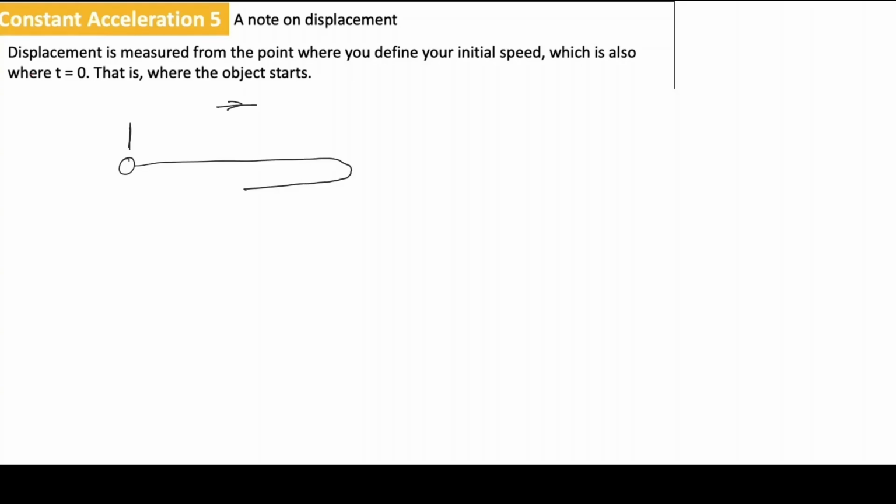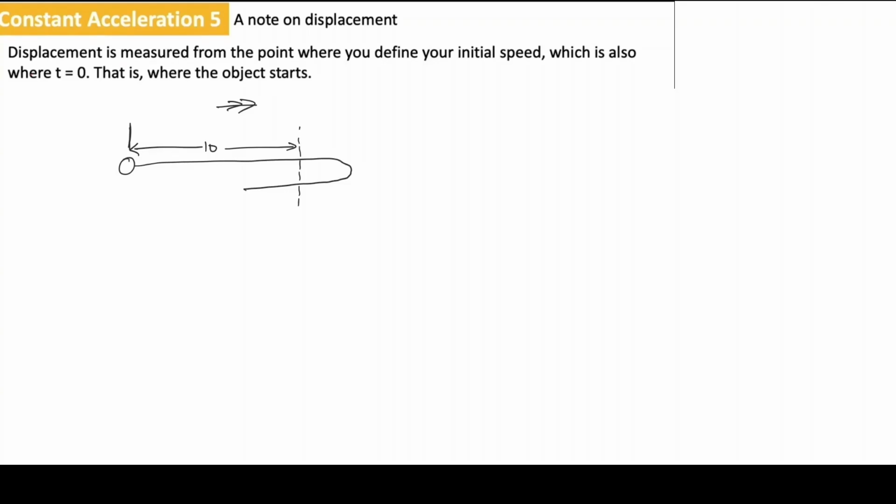An object may be moving to the right, that's the positive direction, but if it has negative acceleration, it may well change directions. So a displacement of 10 is going to happen here, but it can happen twice, once on the way to the right and once after the change of direction when it's moving to the left.